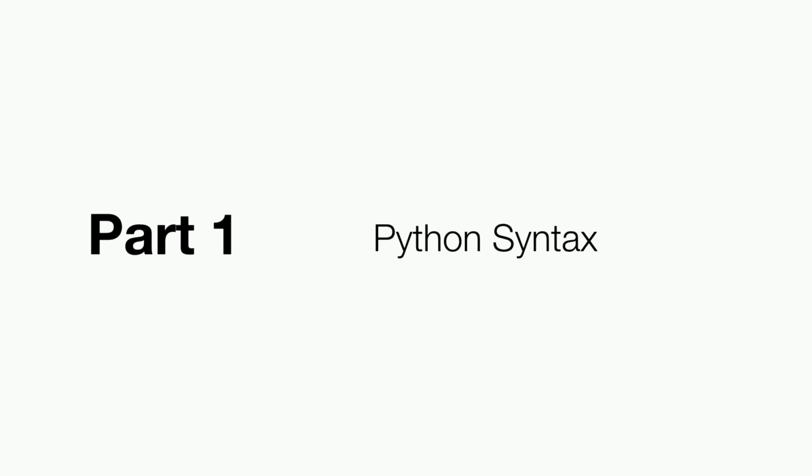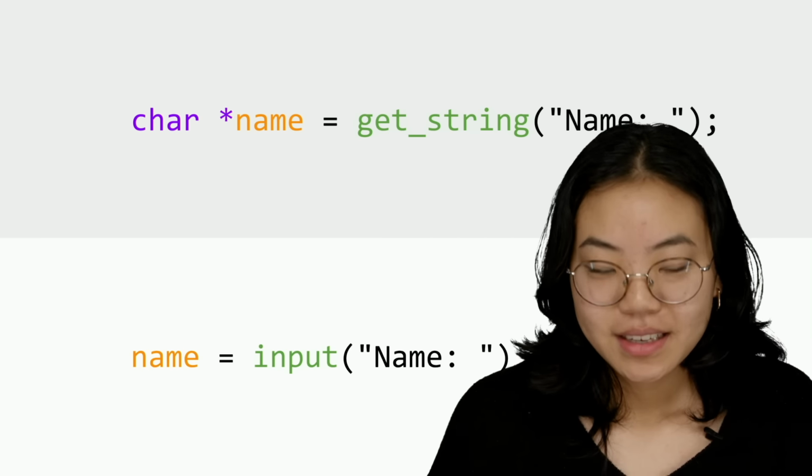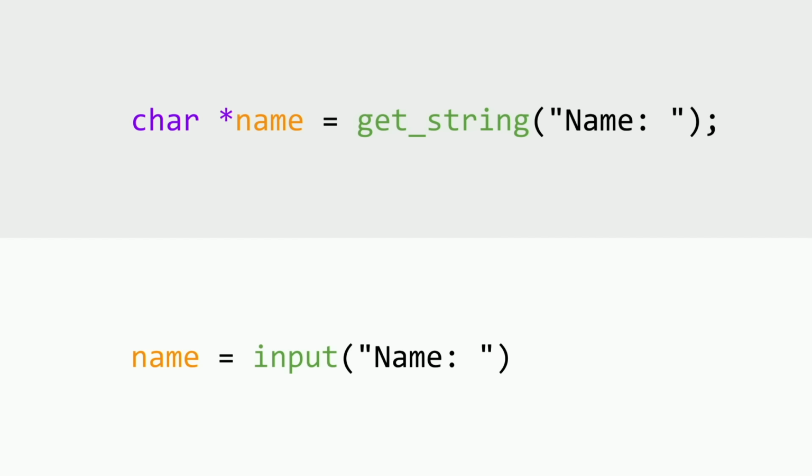So let's get into some of the syntax that is new with Python and how some of the structures we've seen before might differ. So to begin with, we saw this char star name equals get string statement quite a bit, where we're trying to get perhaps a name from the user using our CS50 library's get string function and storing that in a char star, which we also know to be a string called name.